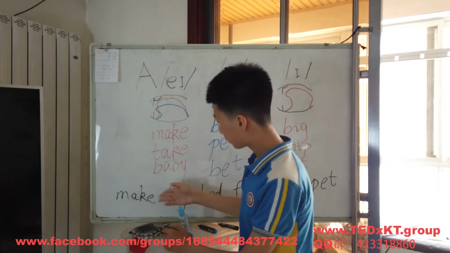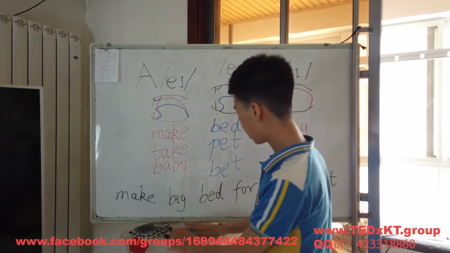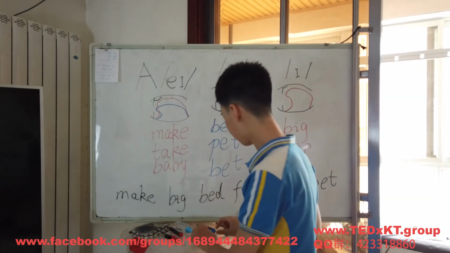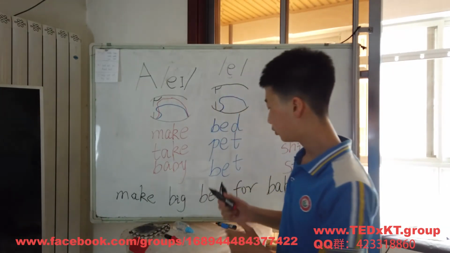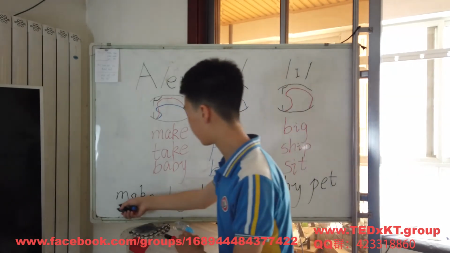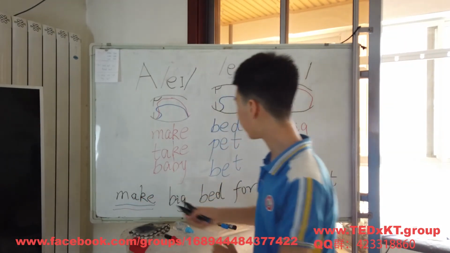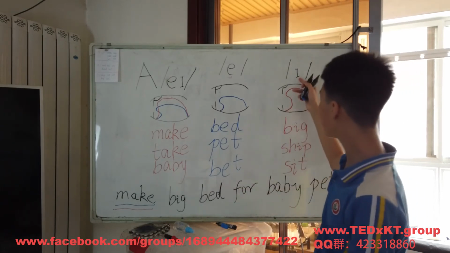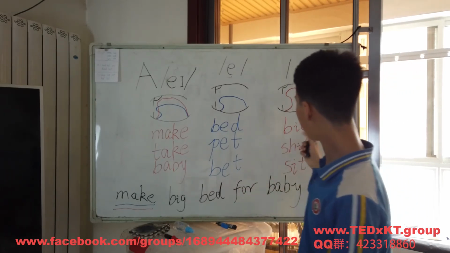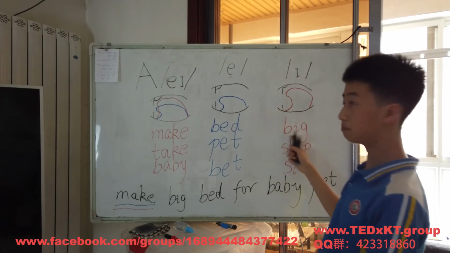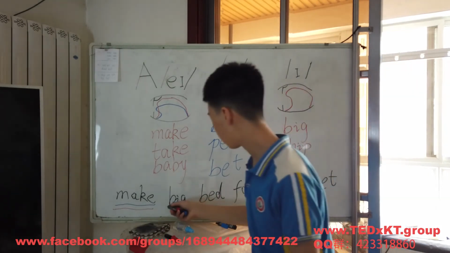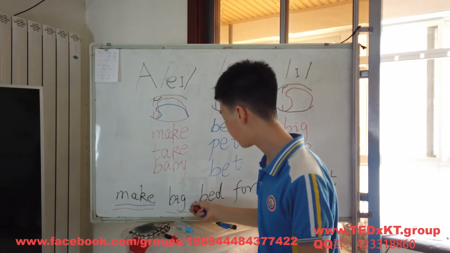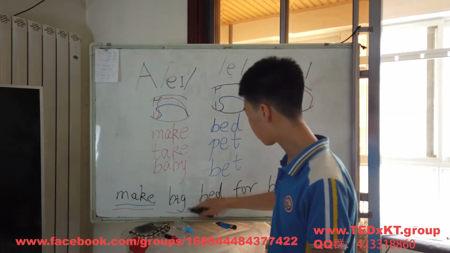Now you can see here that make, of course, uses the diphthong, so I'm going to mark it using red and blue pens together. Make. Big, I am using this. You can see it's under this column, big, the word. So I'm going to mark it with the red pen.